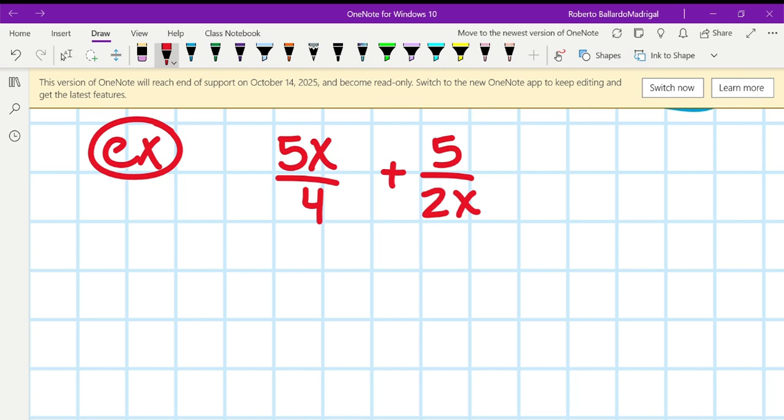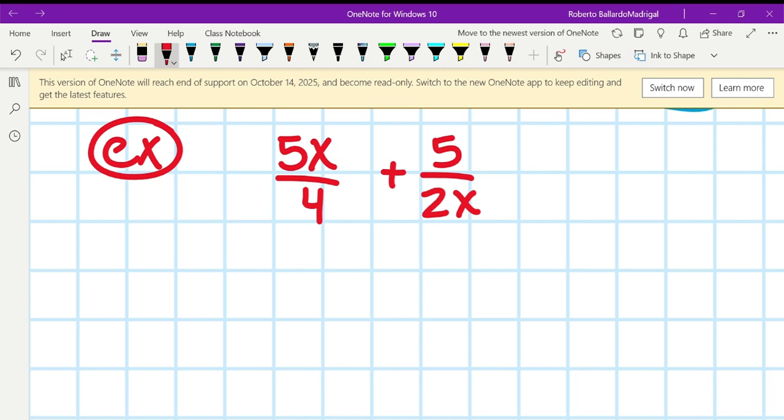And as you're writing that down, I want you to start thinking about the least common multiple between 2 and 4. Think of the strategy. The least common multiple between 2 and 4 is going to be 4. However, that won't be our least common denominator. And I'll tell you what I mean.